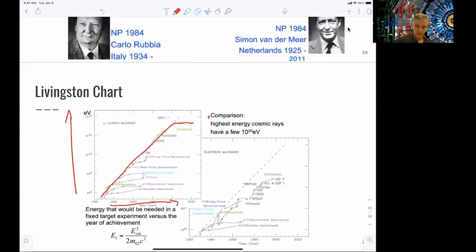And so you can compare this with the hadron machines, but also the electron machines. On the electron machine slide, this trend is not as pronounced as for the proton machines, but the highest energy electron-proton collider is still HERA, which has been decommissioned at the end of the last century. And we are thinking about a next machine.